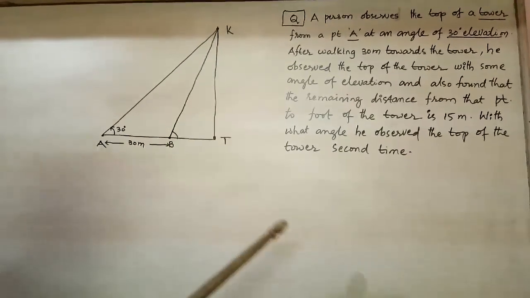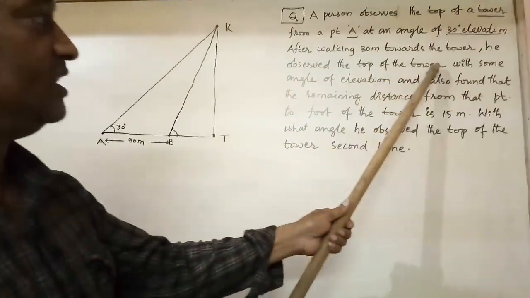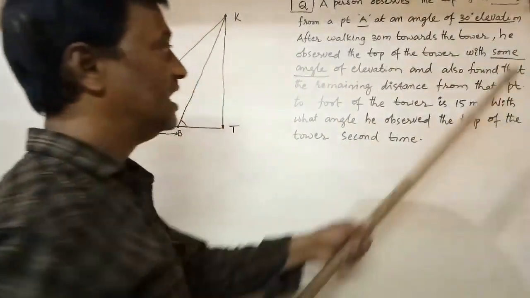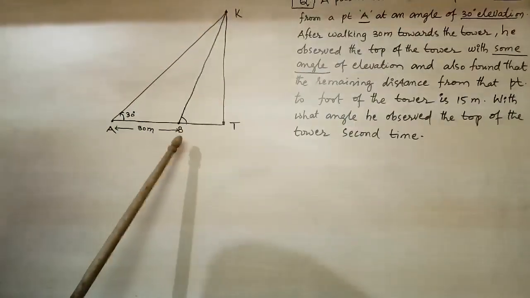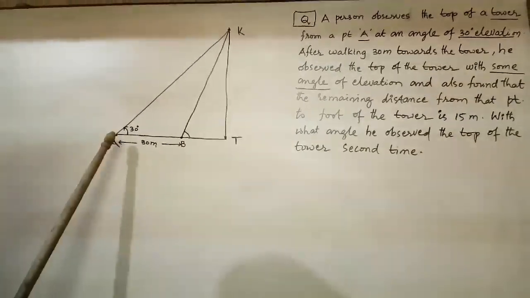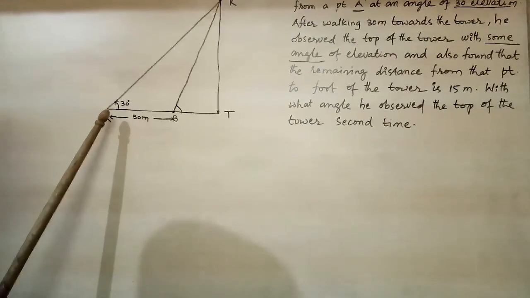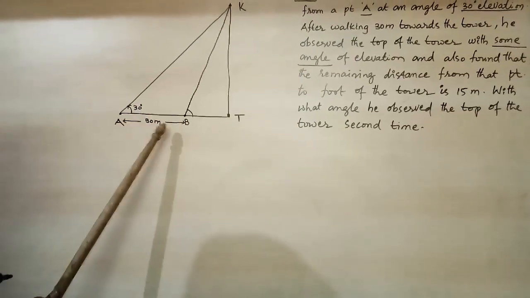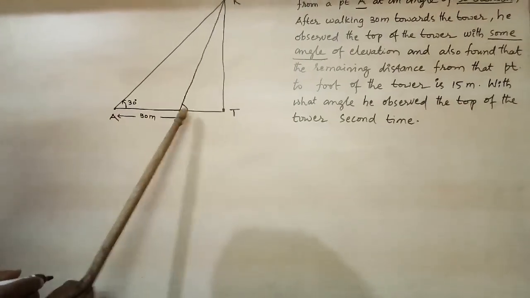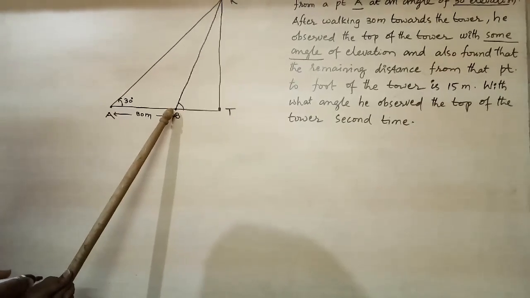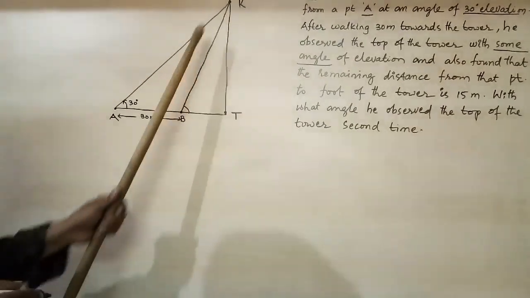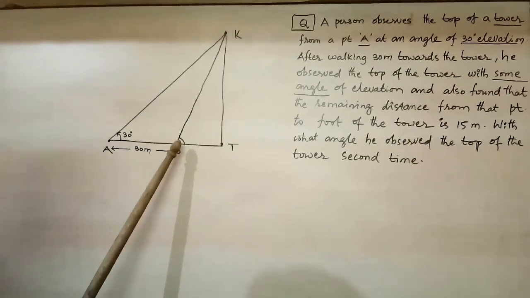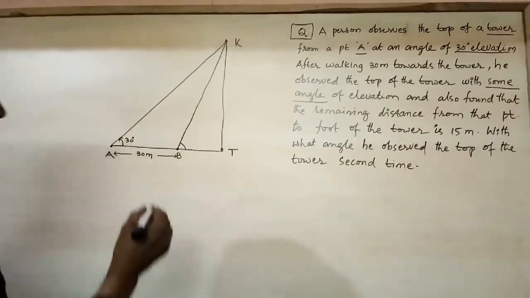The person lifted his head the first time, and after walking 30 meters towards the tower he lifts it a second time, but no angle of elevation is given.